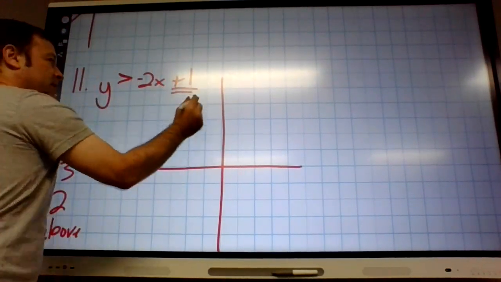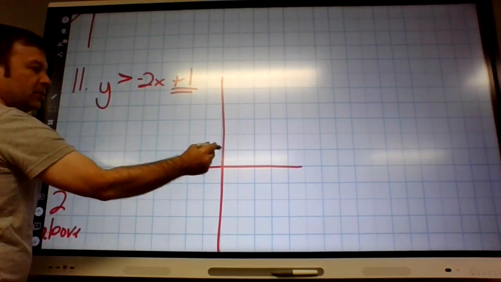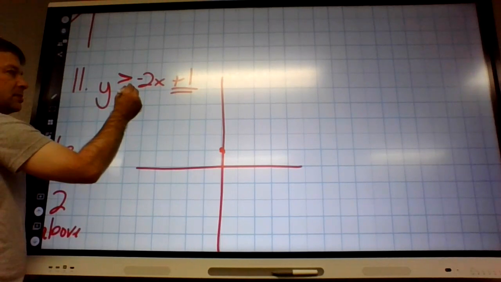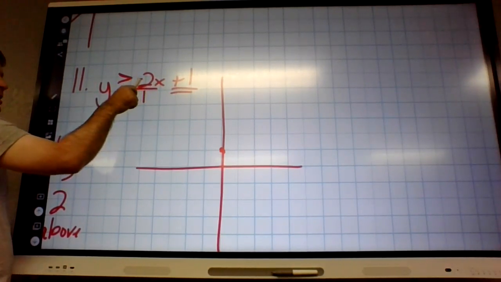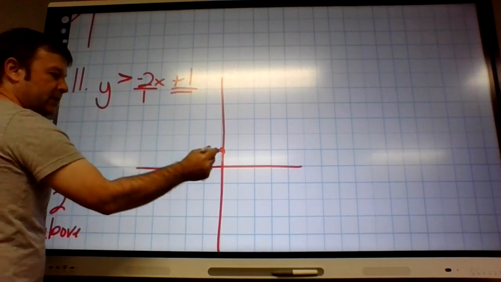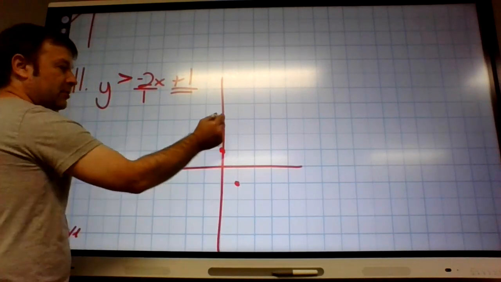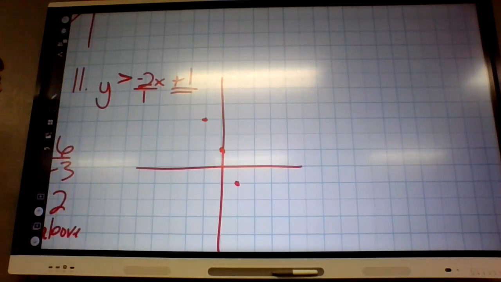Alright guys, start up at 1, that's the y-intercept. Where are we gonna go from there? Rise negative 2, run 1. So down 2, right 1. Remember, you can also go backwards, up 2, back 1. Is this line solid or dashed?